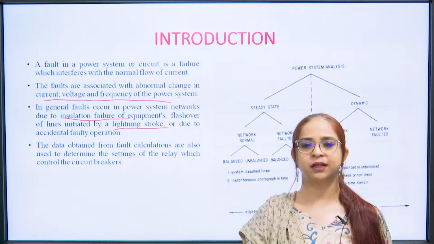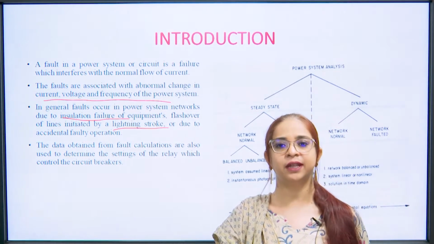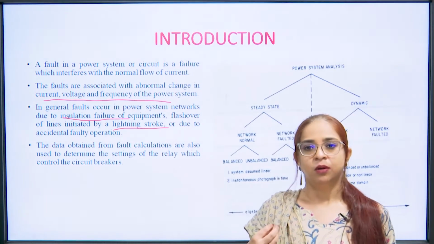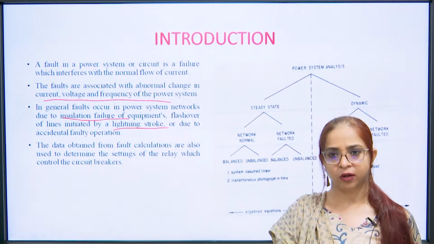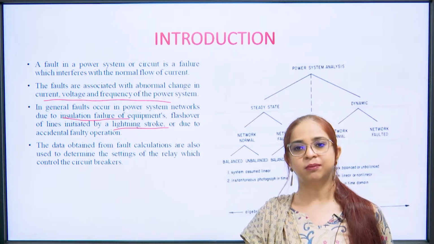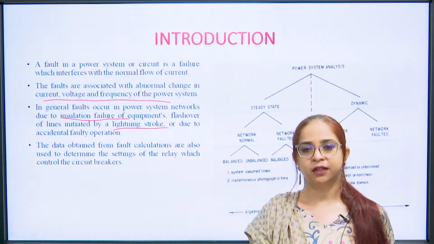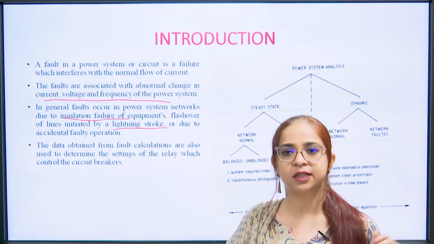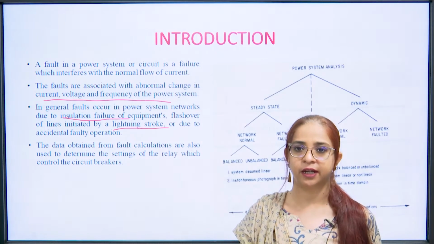What are the various other reasons? Apart from insulation breakdown, there can be failure of a particular device. Maybe a short circuit occurred, a wire has been broken, or a connection got broken. Sometimes we see a bird come and sit, and when it flaps its wing, it suddenly touches two phases of the transmission line and can create a short circuit.